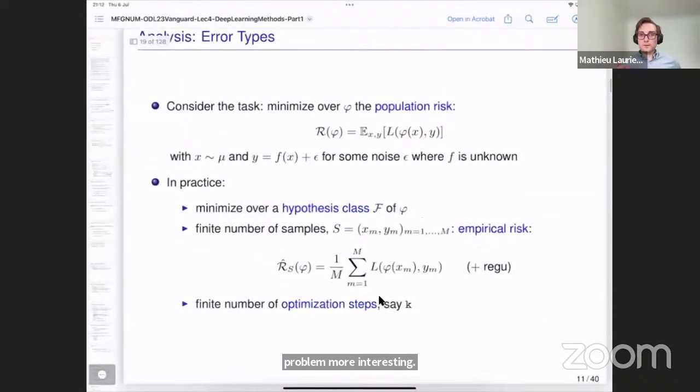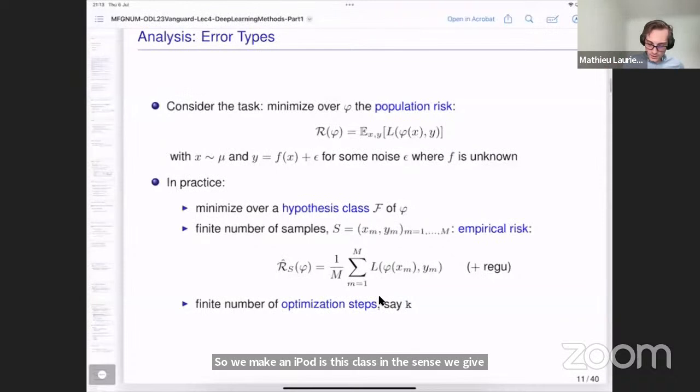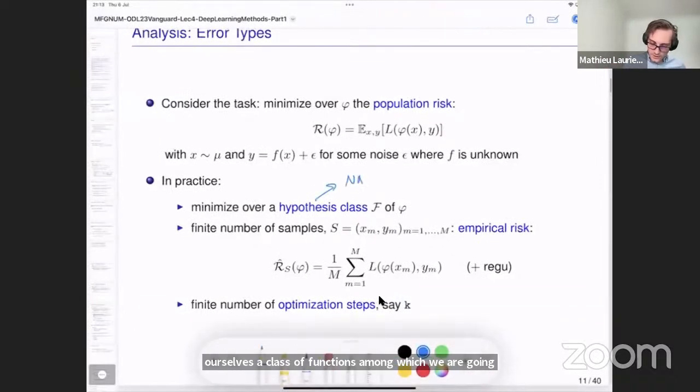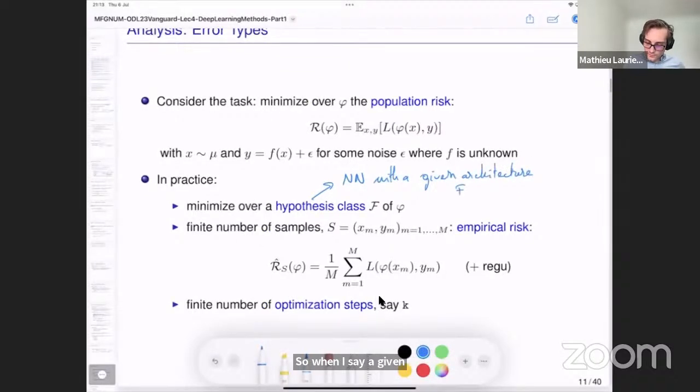So we make a hypothesis class, in the sense we give ourselves a class of functions among which we are going to look for a solution. Here, for example, a neural network with a given architecture. When I say a given architecture, for example, you can take the feed-forward fully connected network with a fixed depth, fixed widths, and also fixed activation functions.